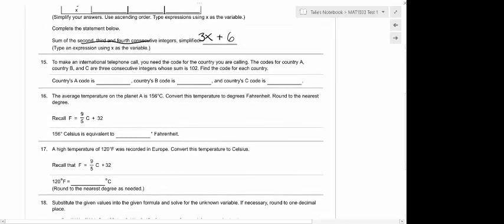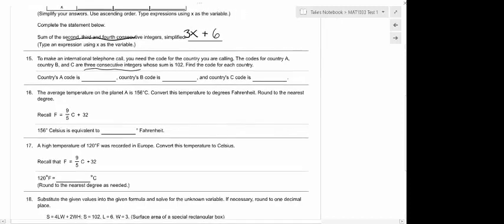So number 15, to make an international phone call, you need the code for the country you're calling. The codes for countries A, B, and C are 3 consecutive integers whose sum is 102. So 3 consecutive integers. Okay, so we go off to the side a little bit here.